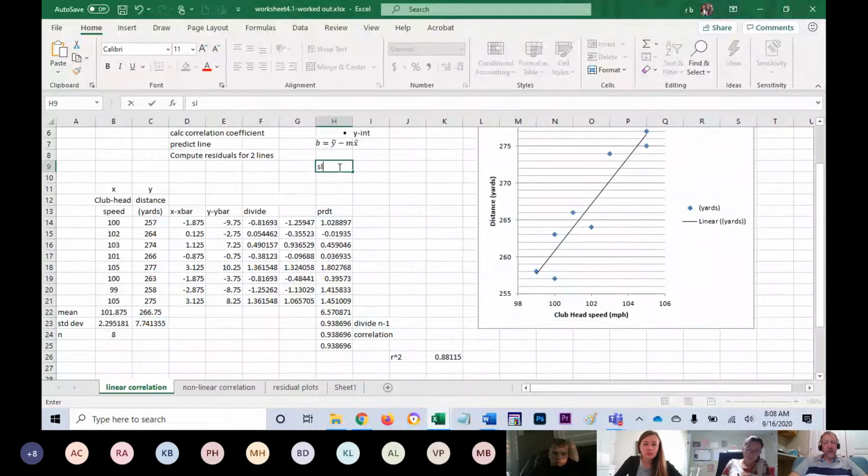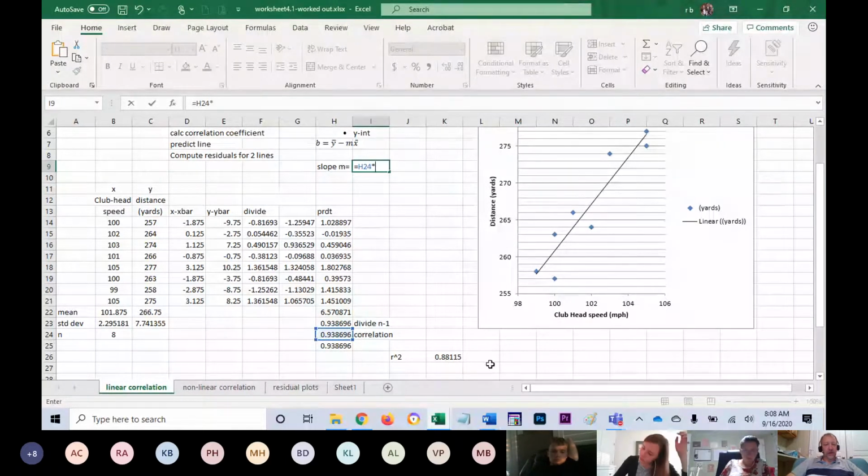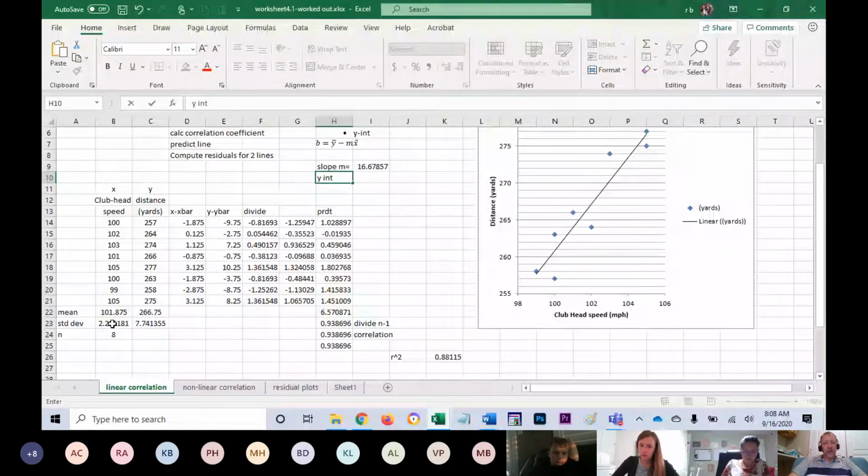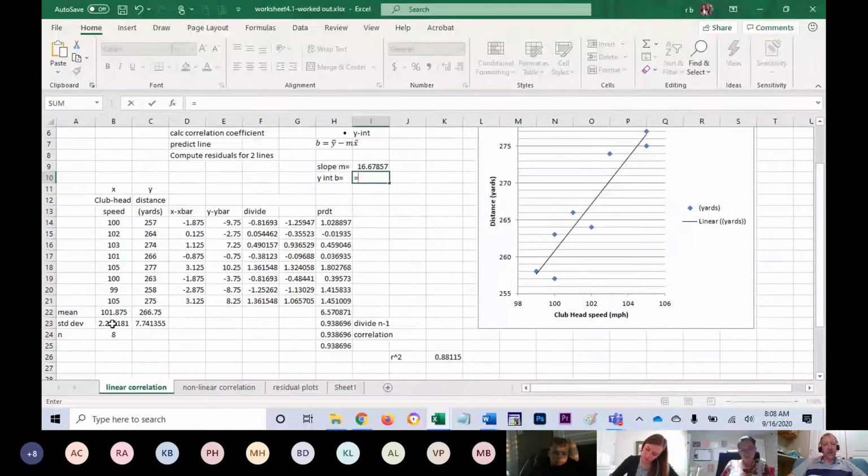So when I do my slope m, it equals simply the correlation coefficient, 0.938696, times the standard deviation of y, which is your distance, divided by your standard deviation of x. That works out to be 16.67857.